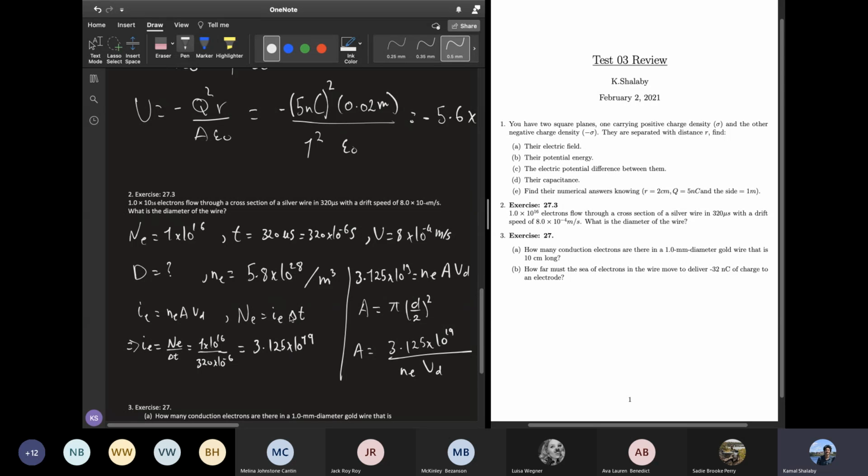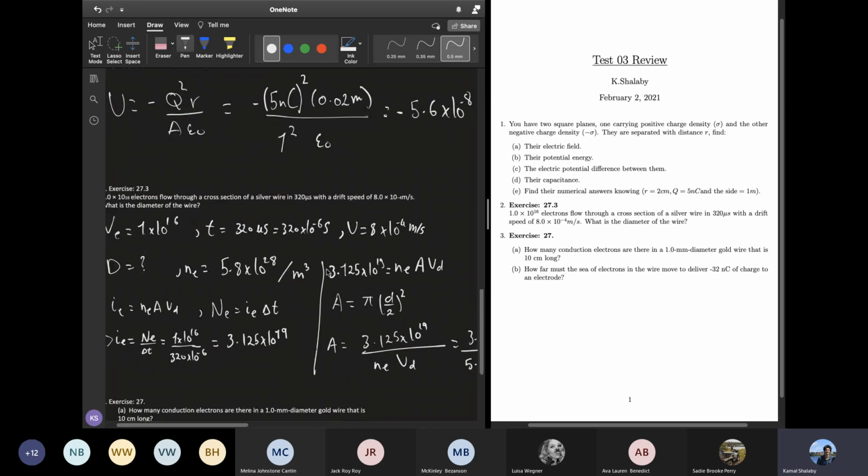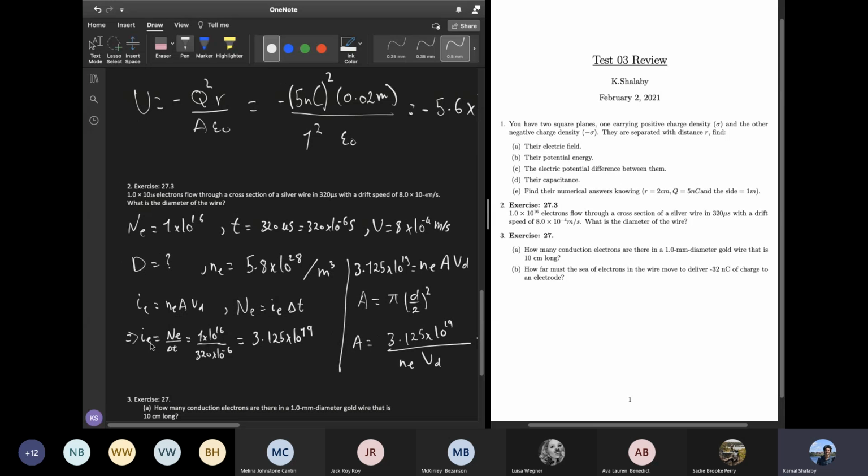So we have the number of electrons that flowed already and the time it took them. With these, we found IE. Then we have another equation saying that the current is equal to the electron density multiplied by the area they are crossing, multiplied by the drift speed.